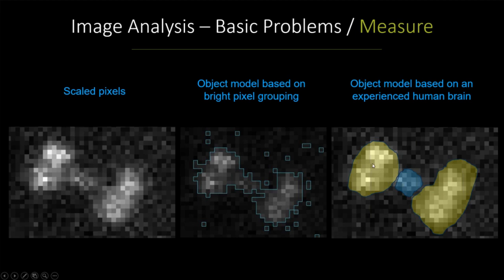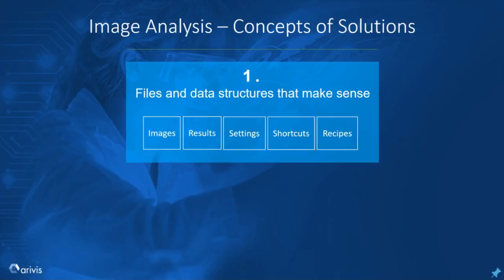And the question is, how do we capture these 3 individual objects and measure their properties? And for that, we need something more sophisticated than a simple intensity threshold. So let's discuss some concepts of solutions.